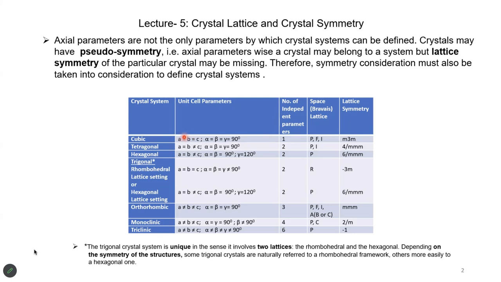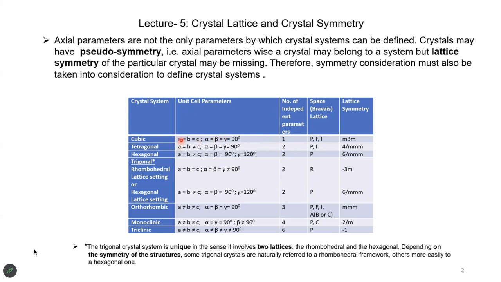You see, in a cubic cell, if we define unit cell parameters, we say a is equal to b, b is equal to c, alpha, beta, gamma are equal to 90 degrees. What about the number of independent cell parameters here? I showed it, it's only one. Do we get it? Yes, we do get it.